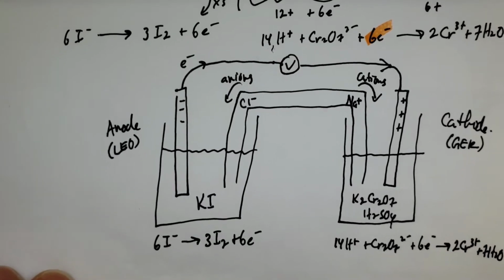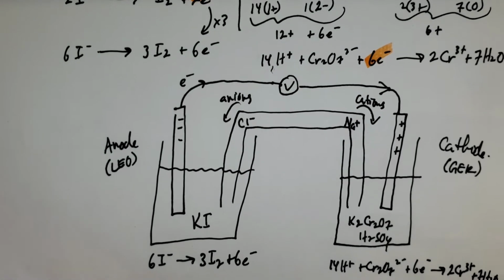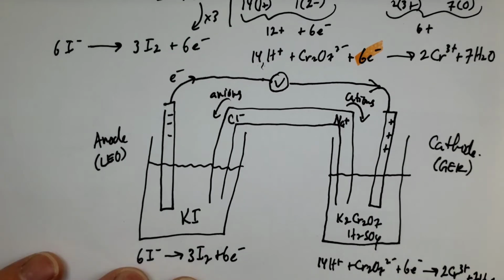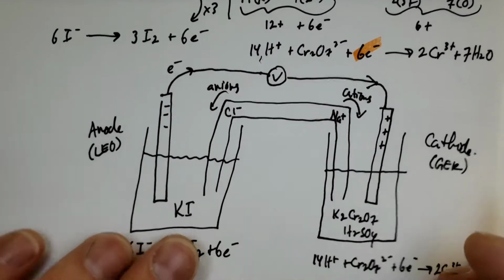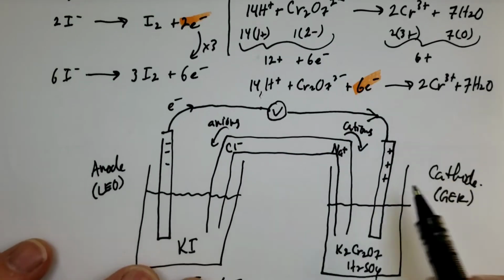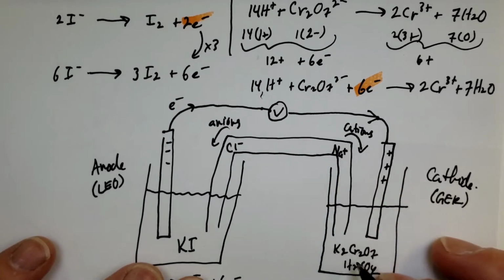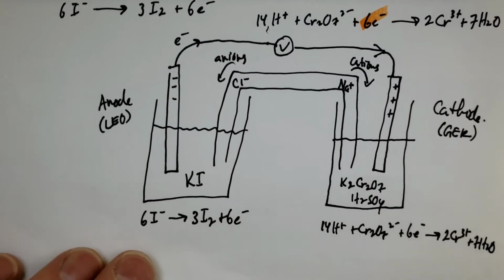I'm just barely fit that into the screen there. So we have reduction happening here. So here on the reduction side, remember we originally had 12 positives here becoming 6 positives. So we need to replace the lost positives. So of course the cation comes in here and does that.